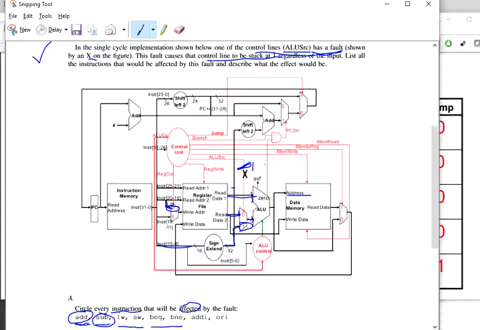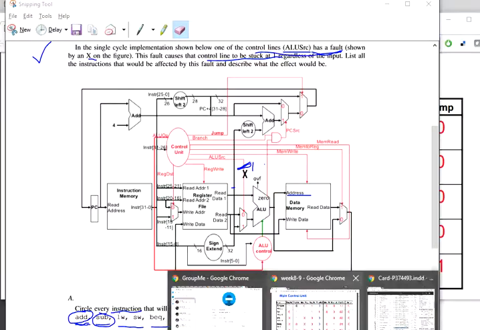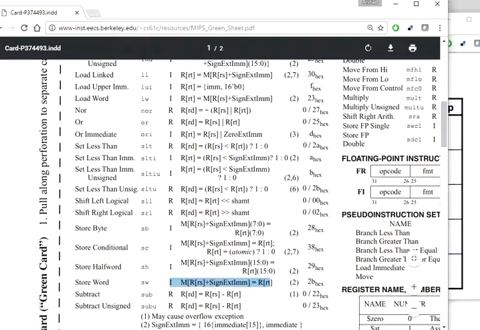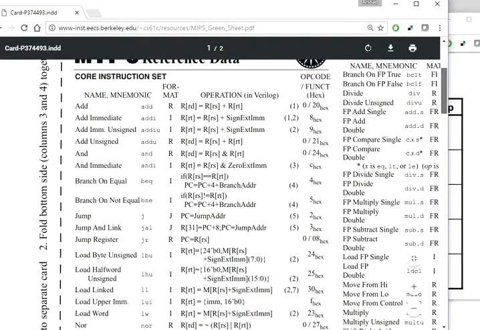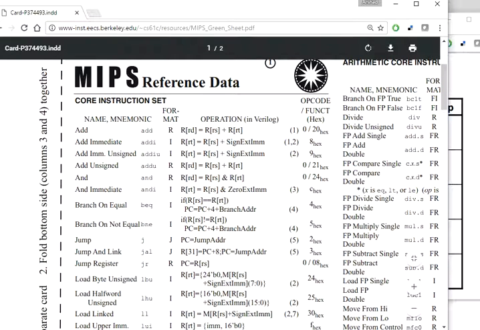How about BEQ and BNE? They are very similar instructions as well. But for this one, what we want is to compare RS with RT, and you can find that right over here. Let's go ahead and scroll up to get a better view of what BEQ actually does right here.